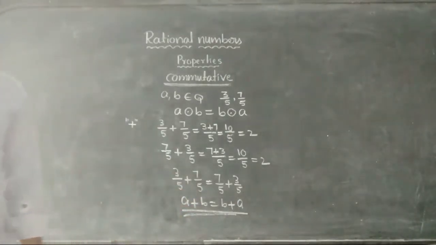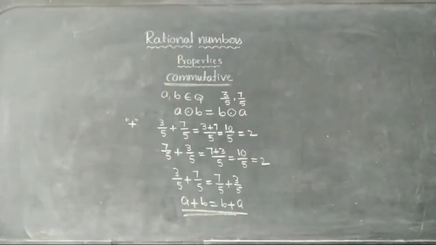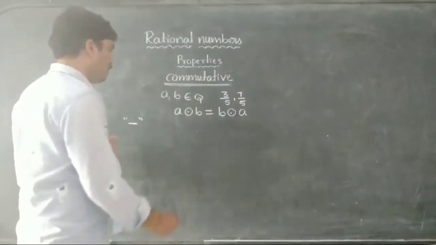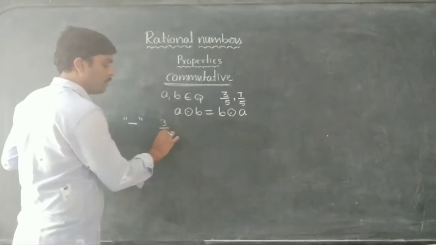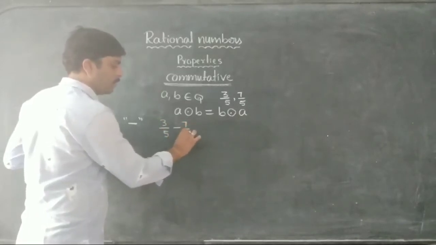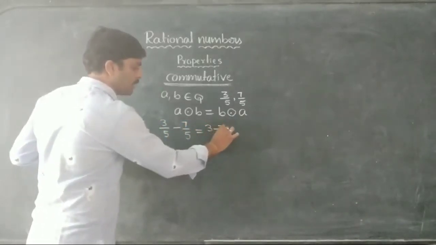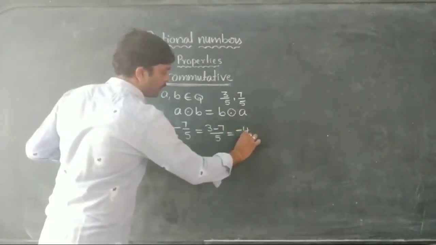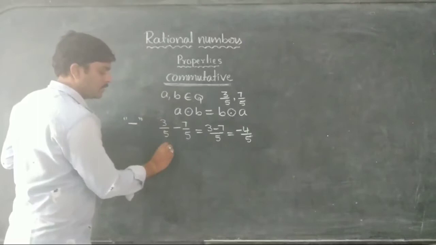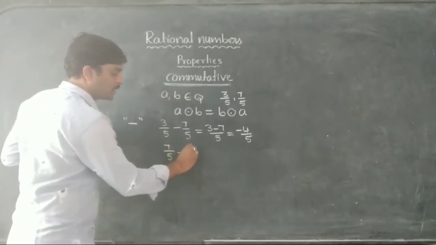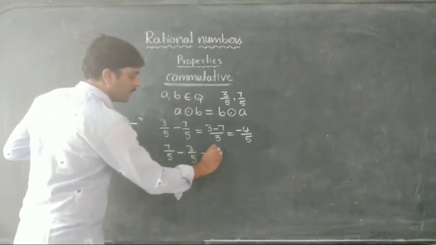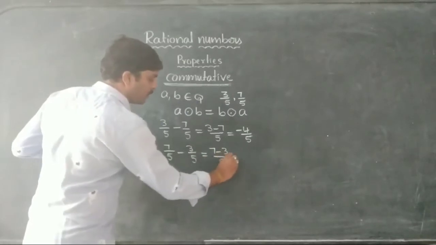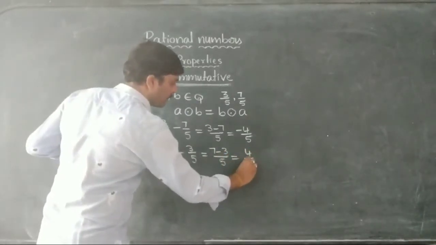Now under subtraction, 3 by 5 minus 7 by 5 is equal to 3 minus 7 by 5, that is minus 4 by 5. Next, 7 by 5 minus 3 by 5, 7 minus 3 by 5, that is 4 by 5.